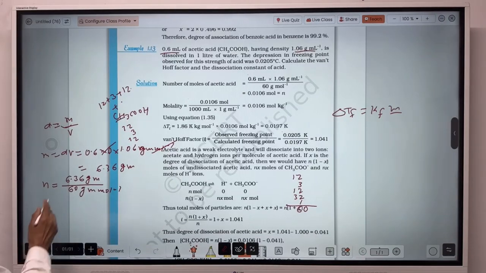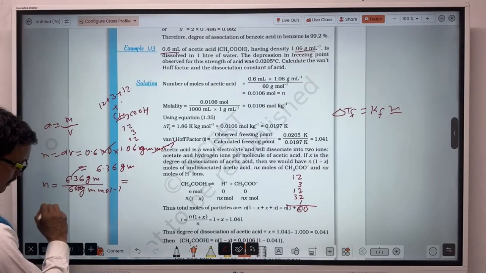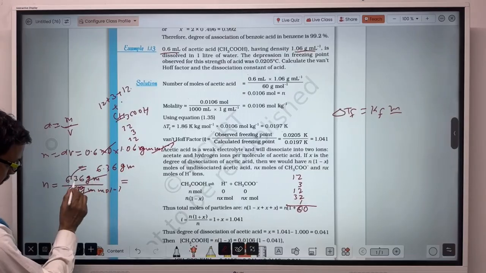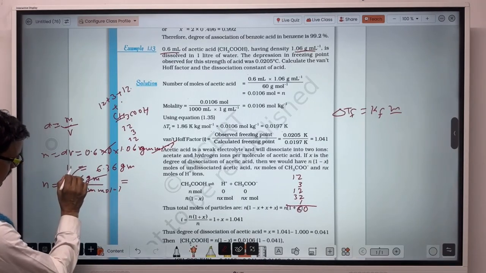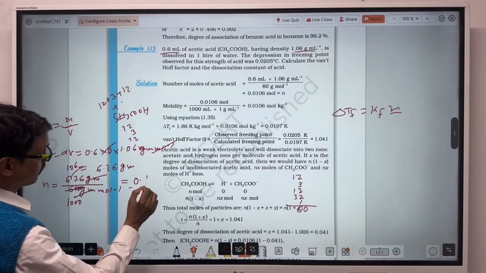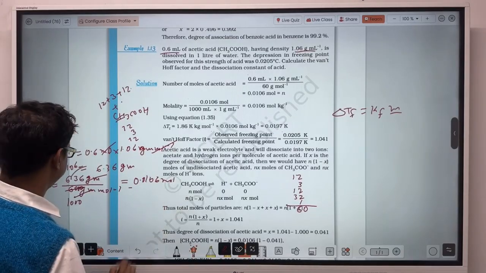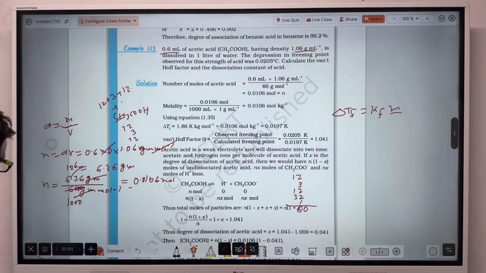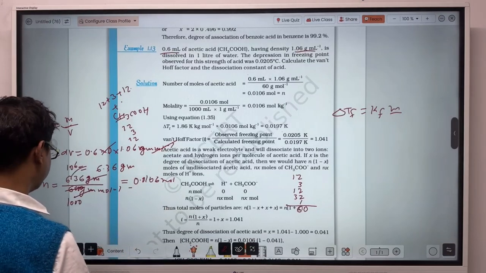Now 6 1 is 6, 6 is 36. You can calculate here, take out the decimal, grams cancel out. So that is 0.0106, that much mole.